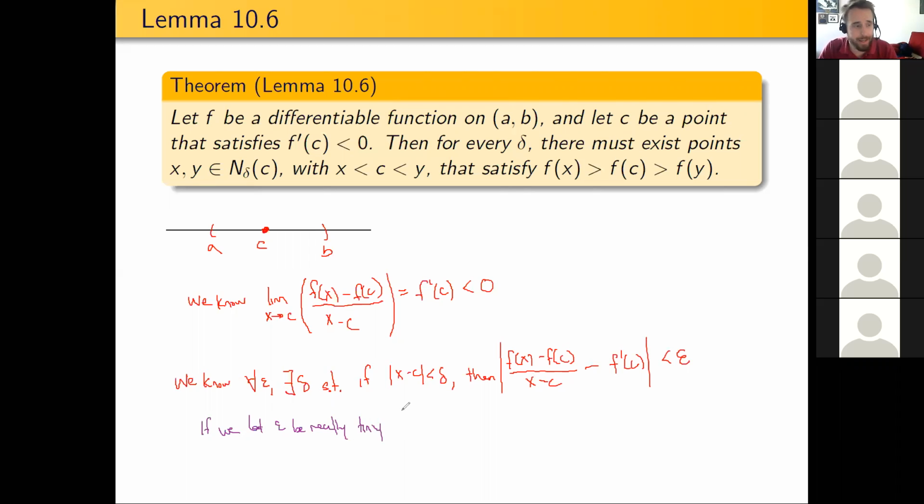In this case, we could say that epsilon is, let's say, less than or equal to f prime of c over 2, sort of a nice trick to use. So if it's less than f prime of c over 2, then the quantity f of x minus f of c over x minus c is negative.